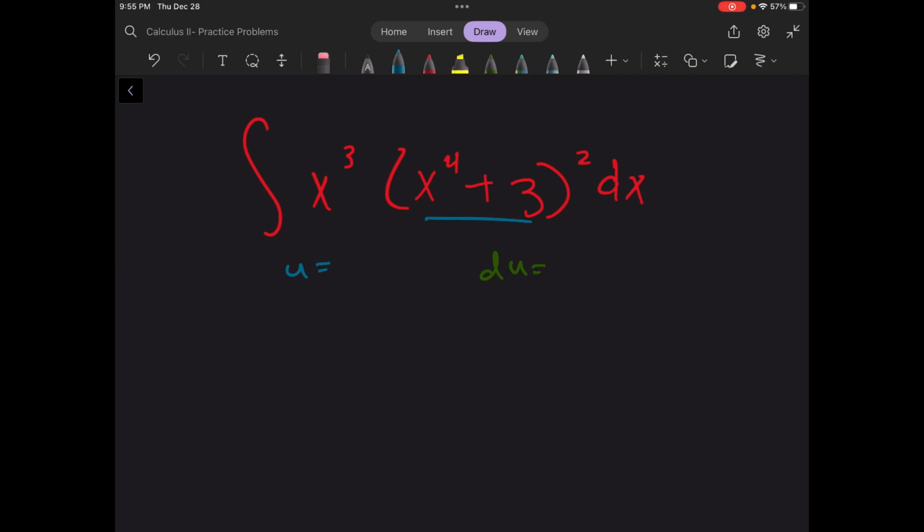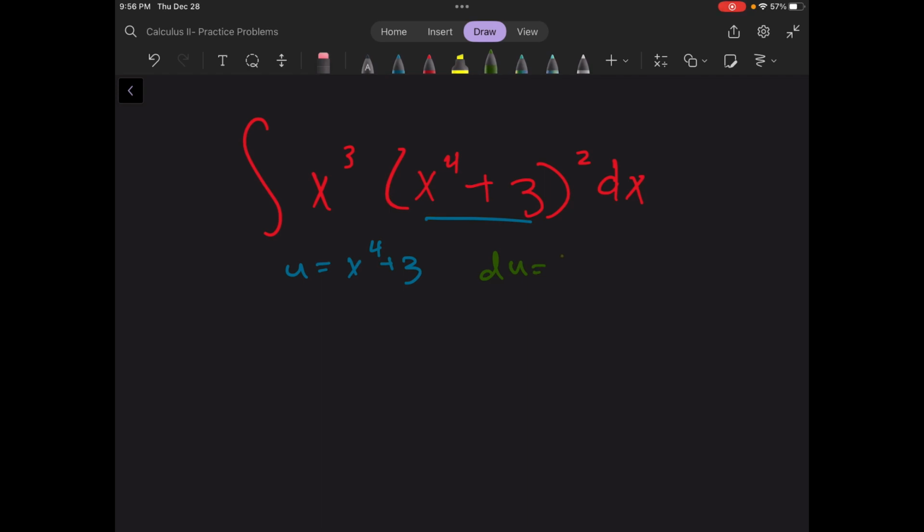I think it would be this inside function of the composite. I think that's a good idea for two reasons. One, it is the inside function of the composite function. And two, its derivative, or part of its derivative, is right outside. So I know that this is going to be a perfect choice.